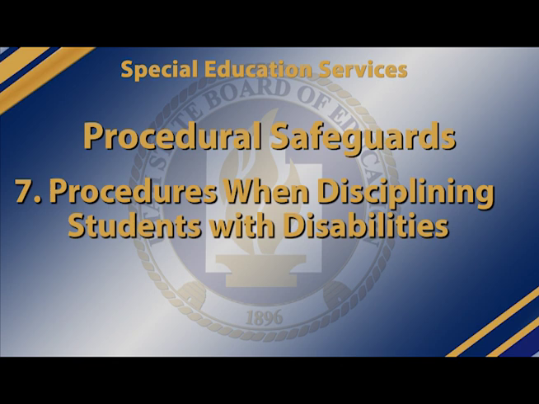Serious bodily injury means bodily injury that involves a substantial risk of death, extreme physical pain, protracted and obvious disfigurement, or protracted loss or impairment of the function of a bodily member, organ, or mental faculty. 18 U.S.C. Section 1365.